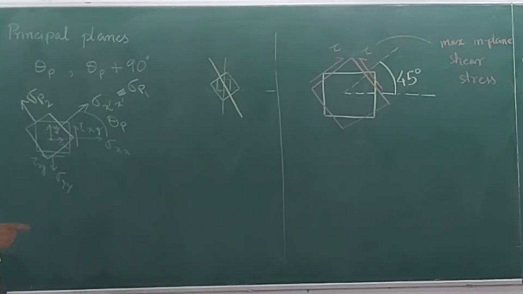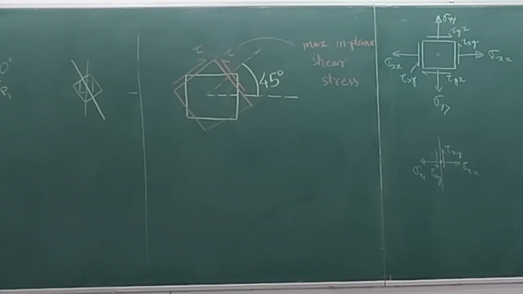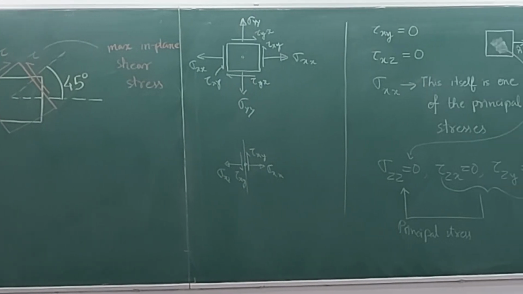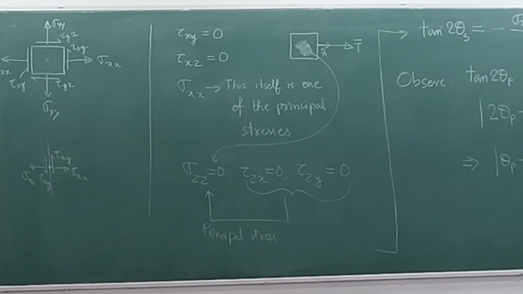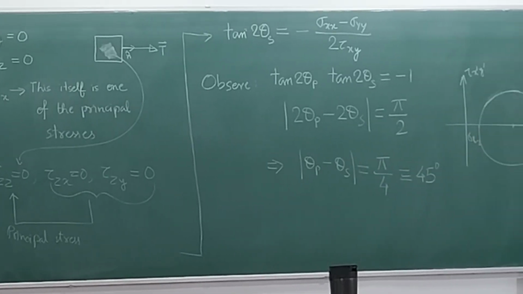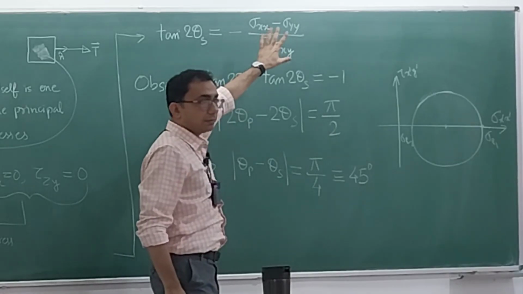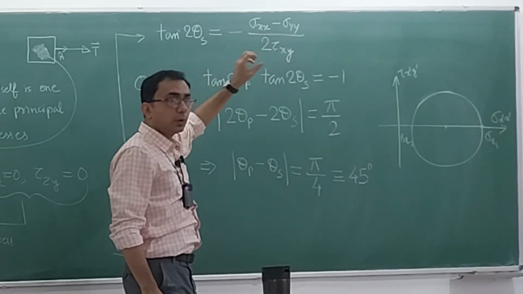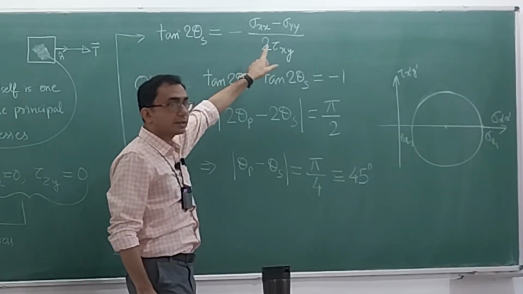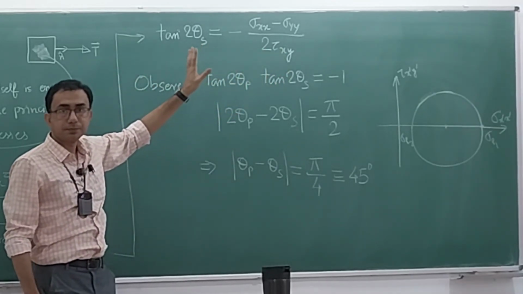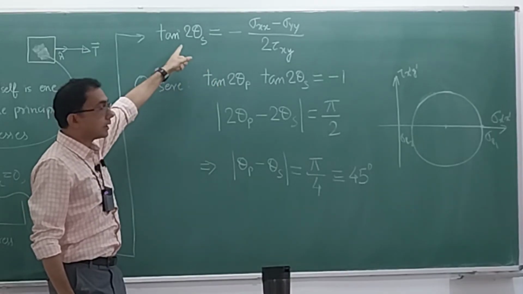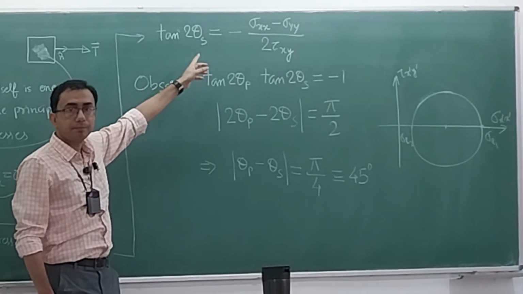But there is a nice implication of what you have so obviously concluded with what you have obtained earlier. Please note here, tan twice theta s is equal to minus sigma xx and so on. Suppose to begin with, you are supplied with certain values of sigma xx, sigma yy and tau xy. You are going to obtain a certain value of twice theta s.